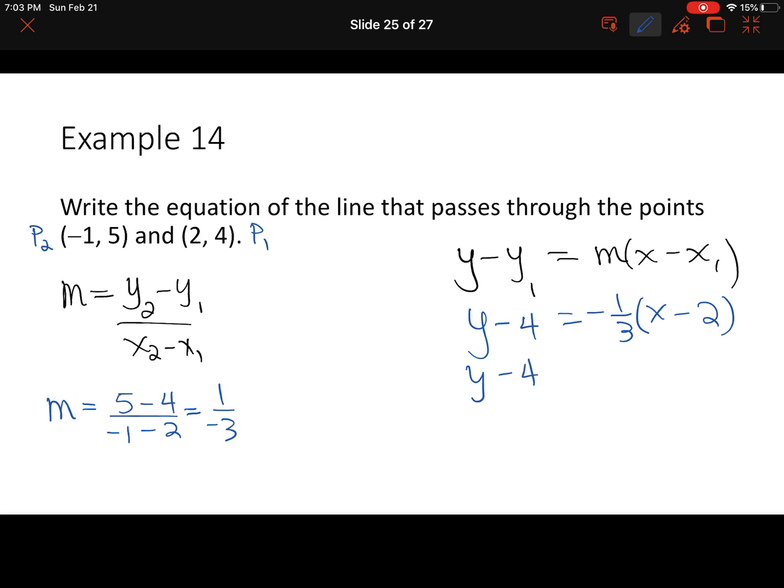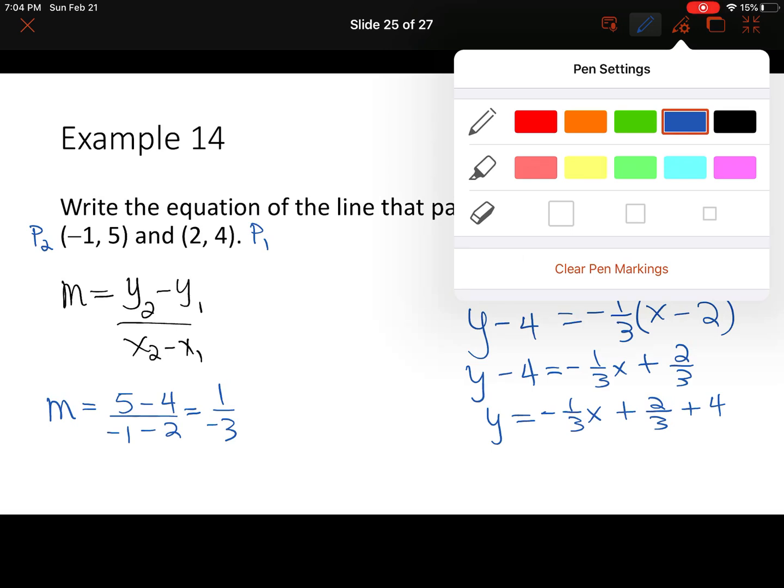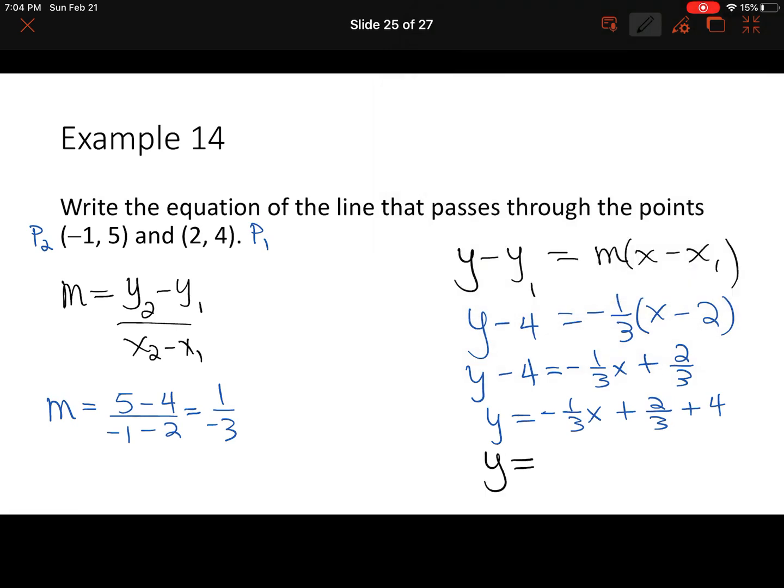So we have y minus 4 equals -1/3 x plus 2/3. But again, write that final answer in slope intercept form. Y equals -1/3 x plus 2/3 plus 4. Final answer is y equals -1/3 x plus 14/3.